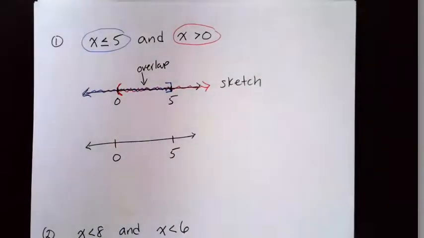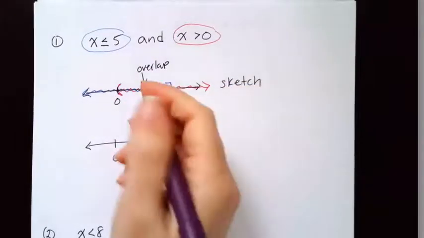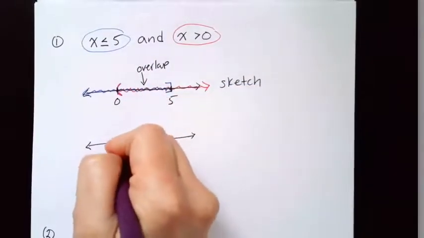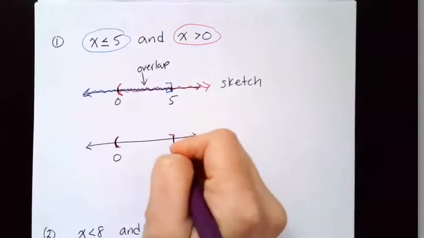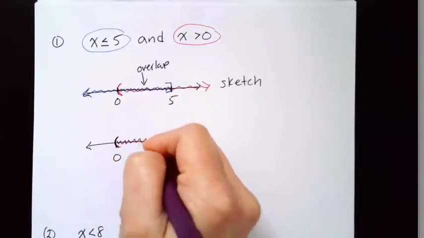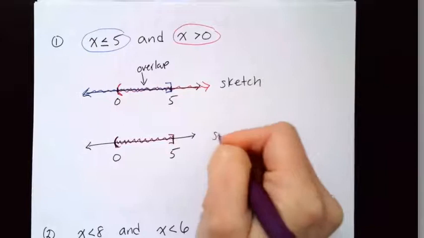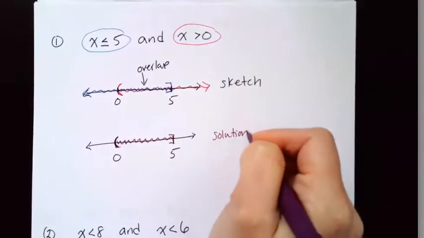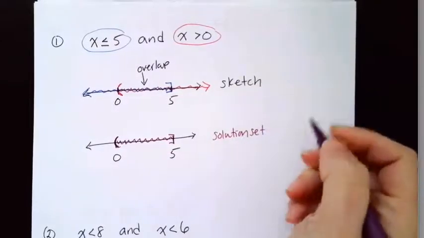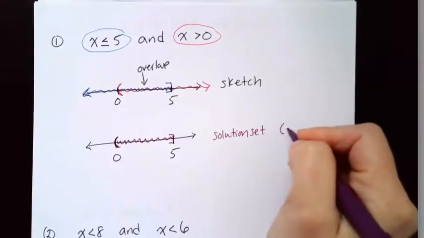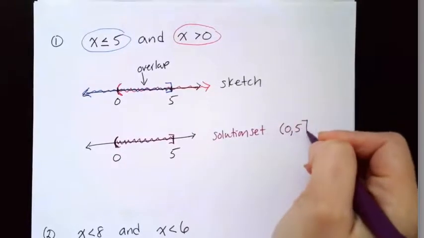When I am graphing, I still need to think about whether or not 0 and 5 are included. Use the same endpoints, so 0 has a parenthesis, 5 has a bracket, and I'm shading all of the values in between. So this is my solution set. I could write that as an interval as well. This would go from 0 to 5, including 5.